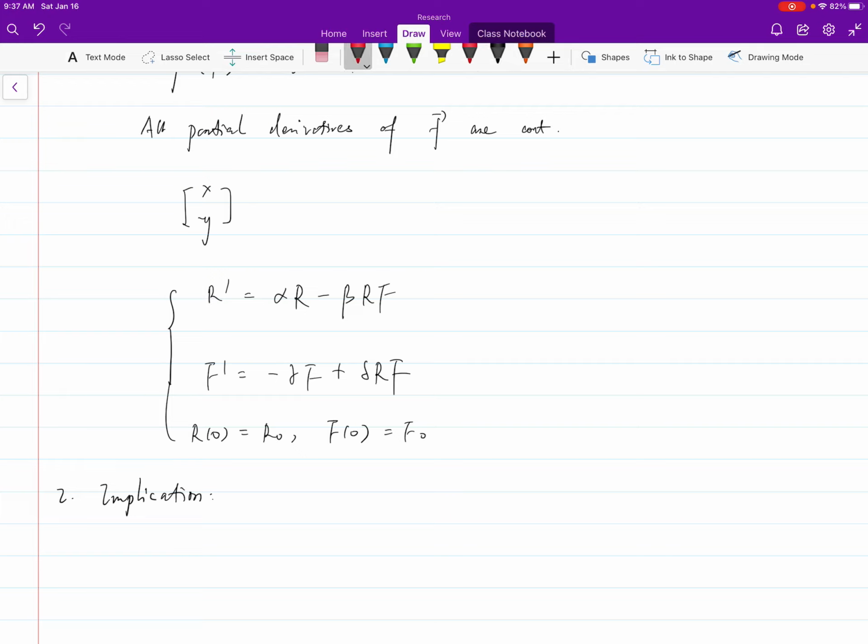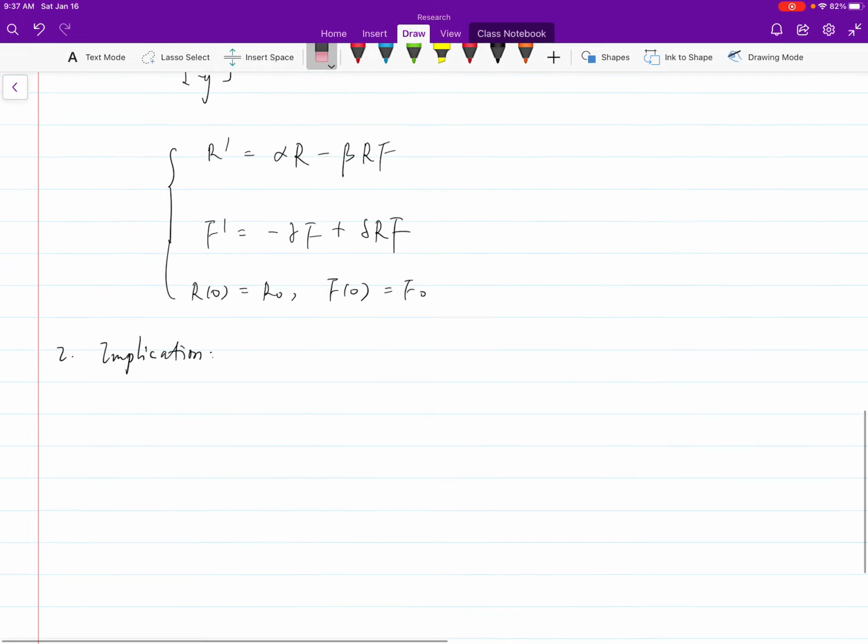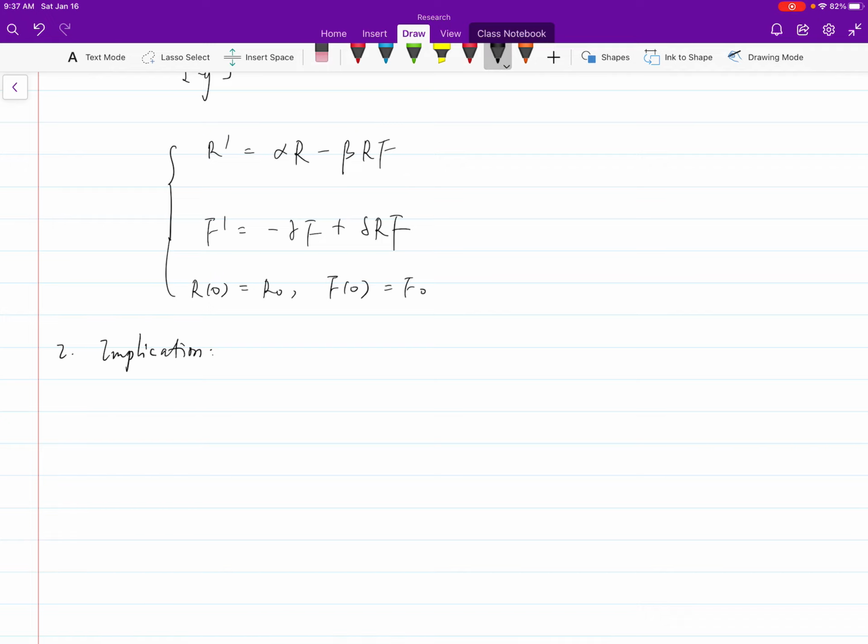From here we can see, well, no matter whether you take the derivative with respect to R or F, and there's even no t, so of course everything is continuous. And because the derivatives are continuous, it is continuously differentiable. Therefore, this one definitely has a solution, and it has a unique solution. Okay, so very easy to check.